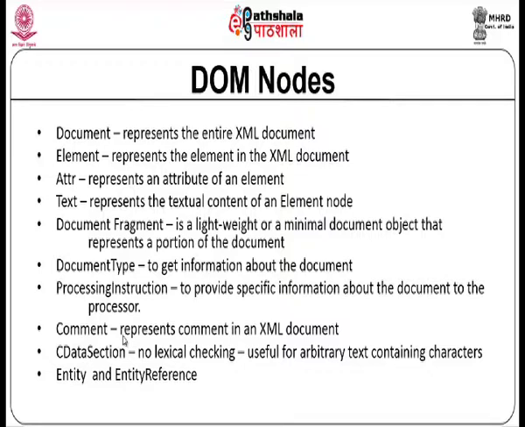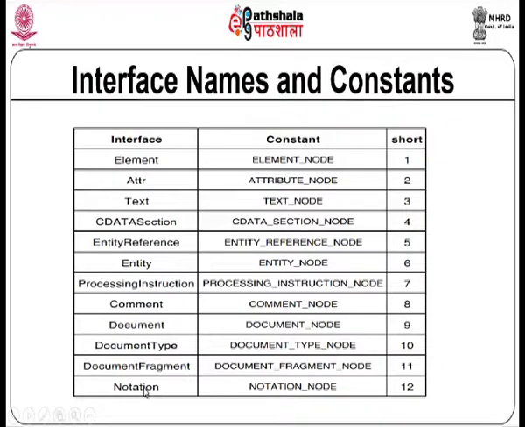Then CDATA section is an interface that does not perform any lexical checking. We know the difference between CDATA and parsed character data, PCDATA. With CDATA no lexical checking is performed, and it is useful for storing any textual information that contains arbitrary characters. Other than these node interfaces, you also have entity and entity reference interfaces.